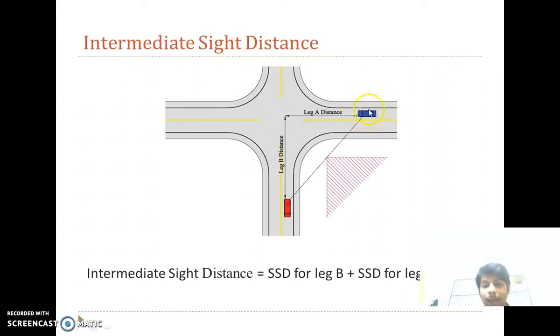So the driver of this vehicle applies the brake, reaches this distance, and stops. You apply the brake, reach this distance, and stop. So this is simply the stopping sight distance for this vehicle, and this is the stopping sight distance for this vehicle. So the intermediate sight distance is SSD for this plus SSD for this. Okay, so this is about the intermediate sight distance.